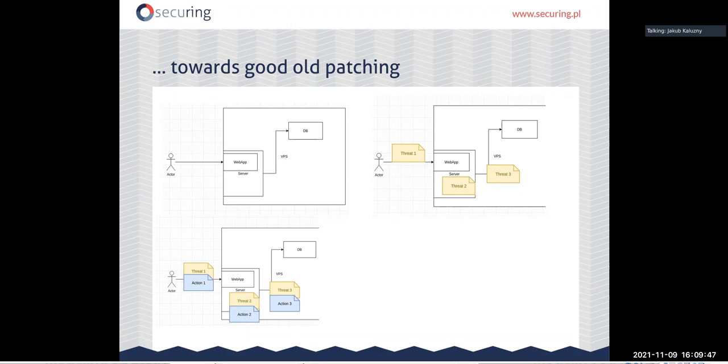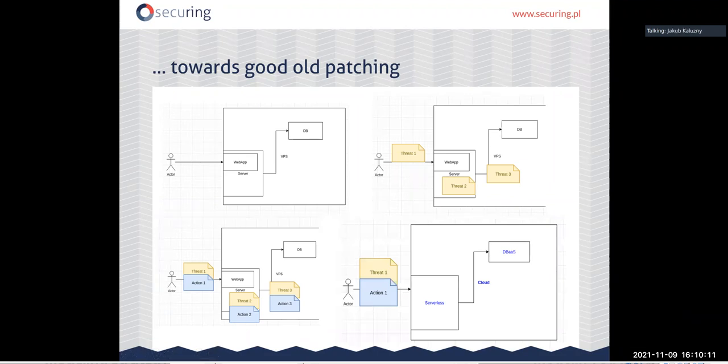If in the process after the threat modeling we just run a pen test session or a source code review to actually verify if those threats apply to the system, for some of these threats we'll find vulnerabilities and we'll patch them, right? So assigning actions to each of these threats individually is just good old patching, right?